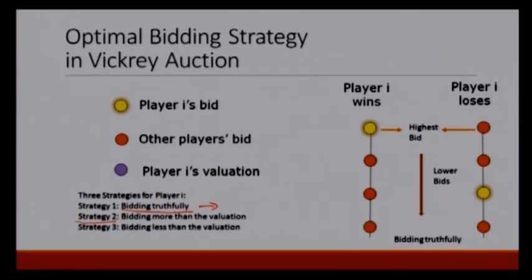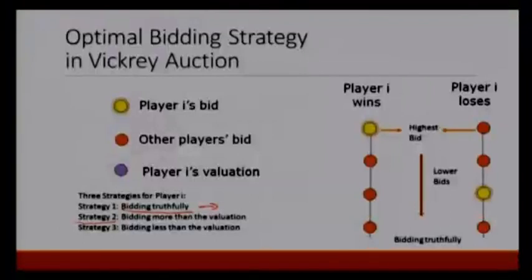But when we talk about the second type of strategy, bidding more than the valuation, we are talking about a set of strategies characterized by all the bids being higher than his true value. Like if he values the object at 5, he bids something more than 5. And the third category is bidding less than the valuation. Again with the same example, if his valuation is 5, he bids something less than 5.